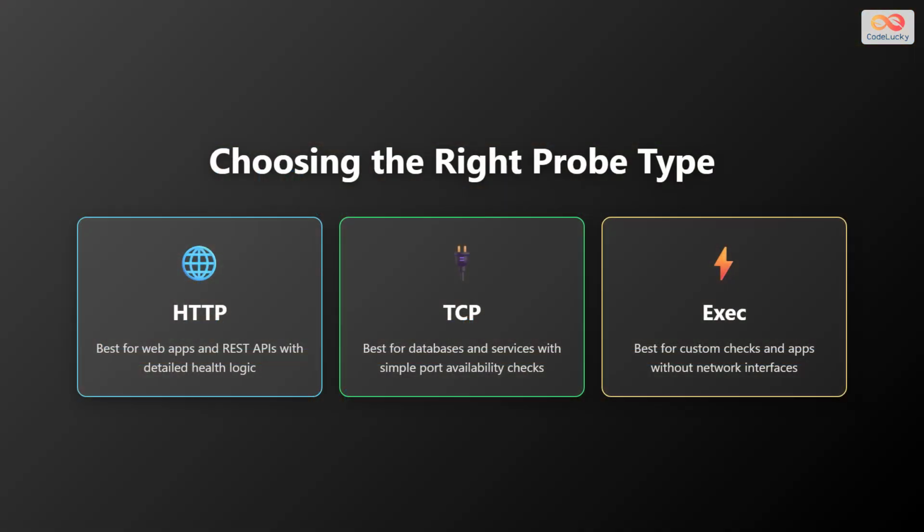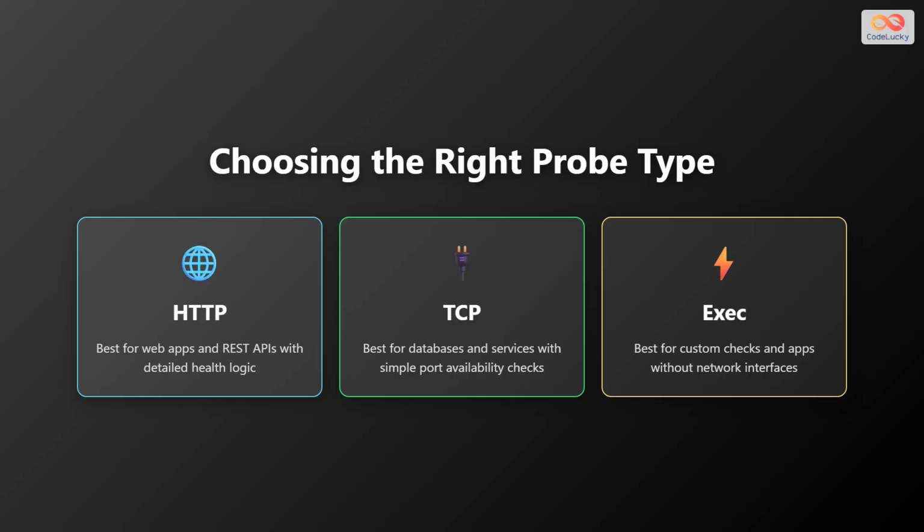Selecting the appropriate probe type depends on your application's architecture and requirements. Use HTTP probes for web applications and REST APIs where you need detailed health logic that can check multiple dependencies and report comprehensive status. Choose TCP probes for databases and services where simple port availability checks are sufficient, offering lightweight monitoring with minimal overhead.